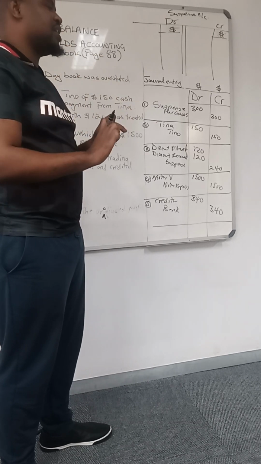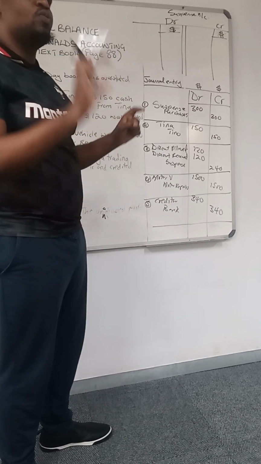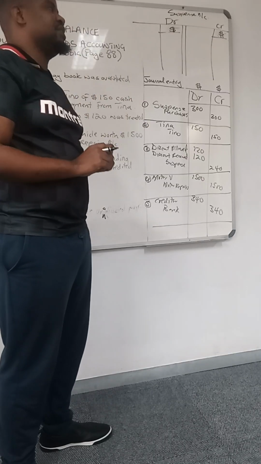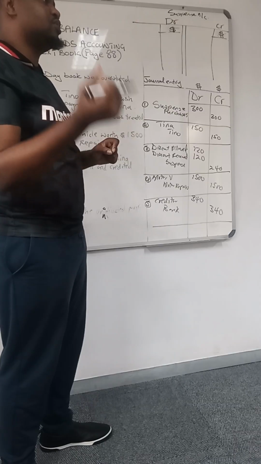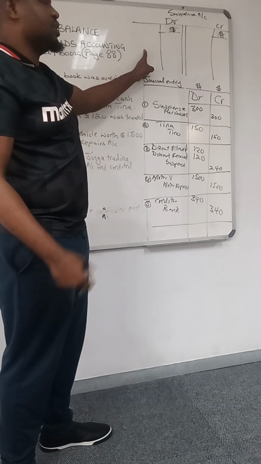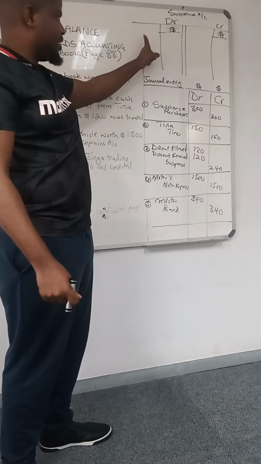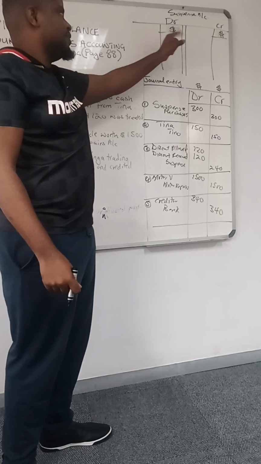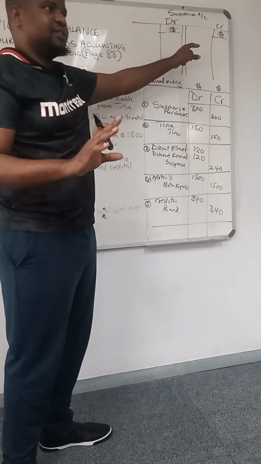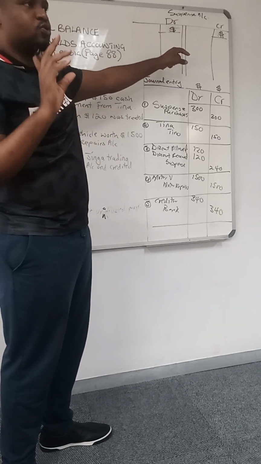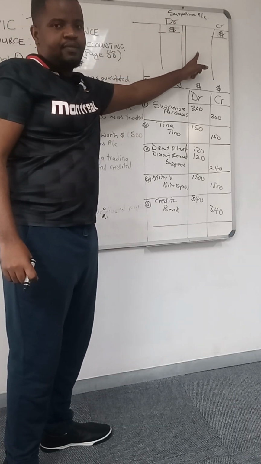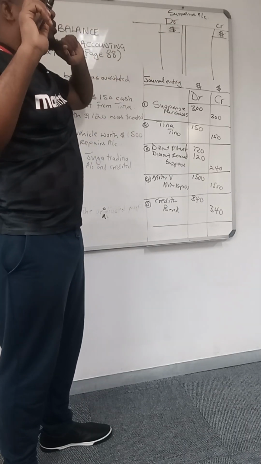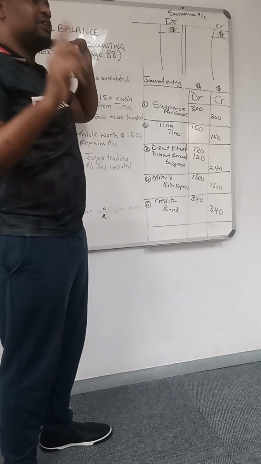The difference as per trial balance will be on the side which is small. If the debit side was smaller than the credit side, the difference as per trial balance will come here. If the credit side was smaller than the debit side, it means the balance will be here, right? So that's what you do when it comes to difference as per trial balance.